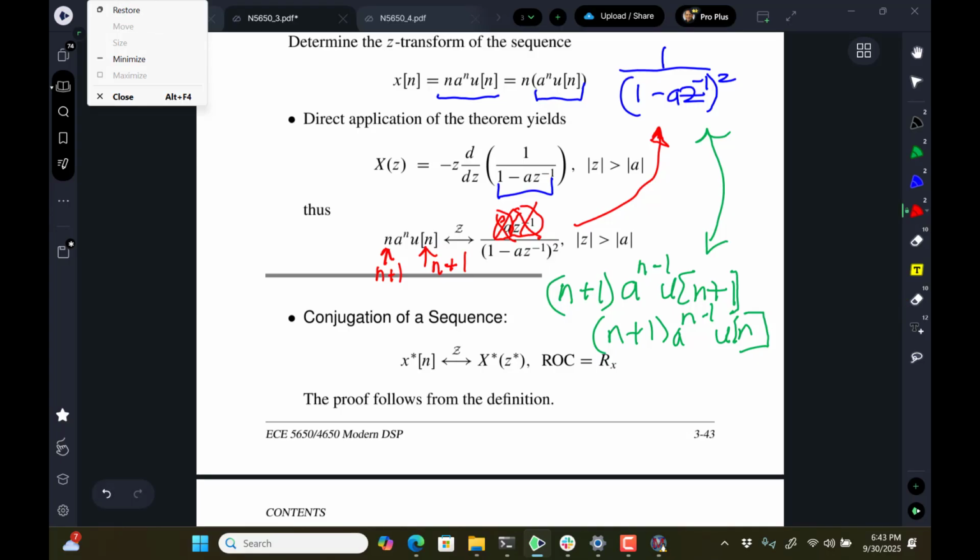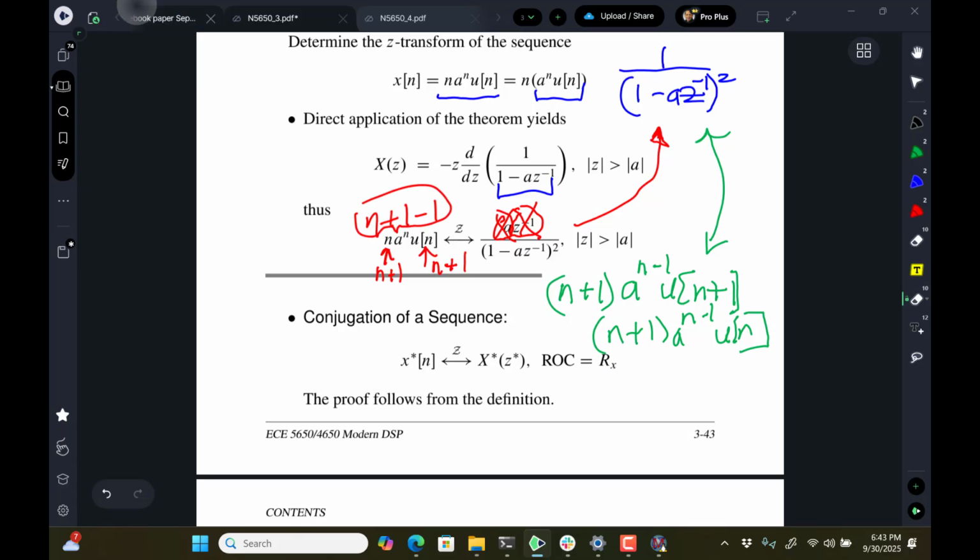So we had n plus 1 minus 1, which is n. So n plus 1 times a to the n u of n is the inverse z transform of 1 over 1 minus a z to the minus 1, quantity squared.